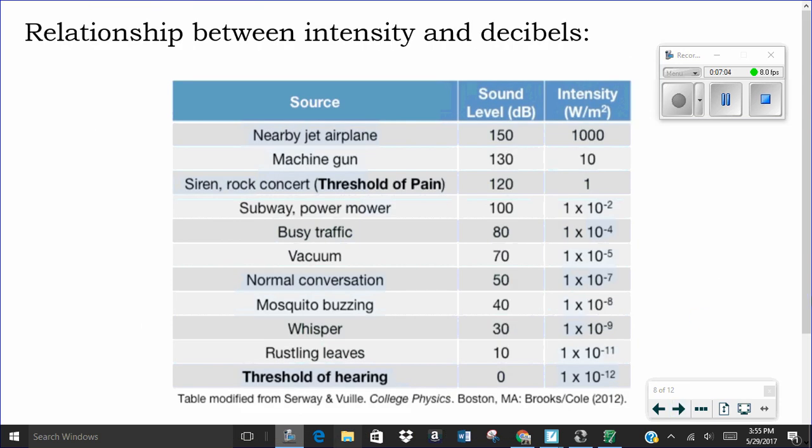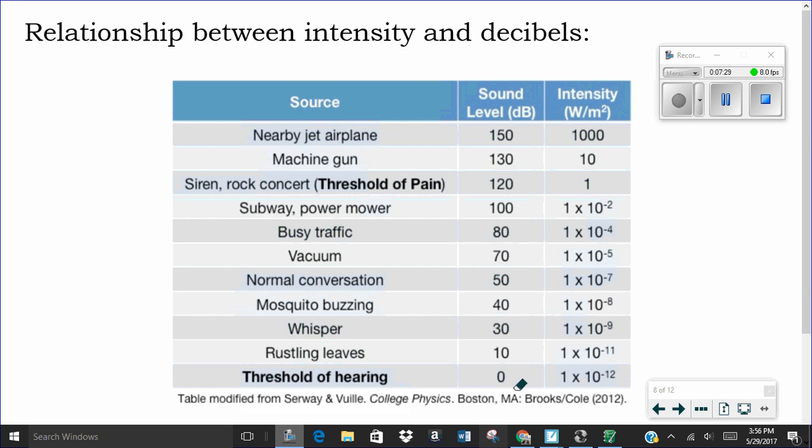Here is a table of common sound levels and decibels and their corresponding intensities. Starting at the bottom here, threshold of hearing is at 0 decibels, and the intensity of that sound is 10 to the negative 12 watts per meter squared.